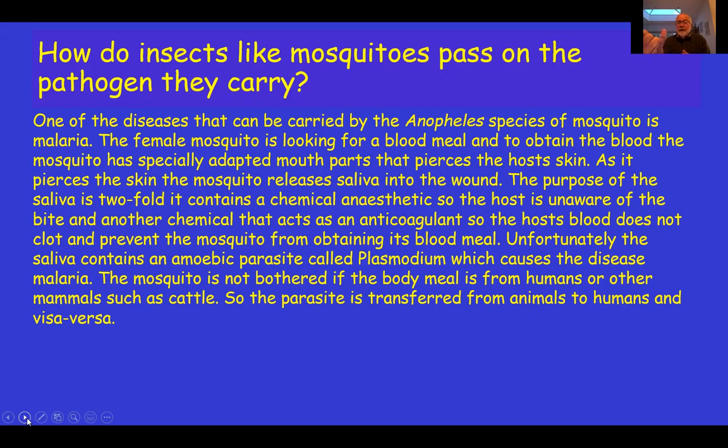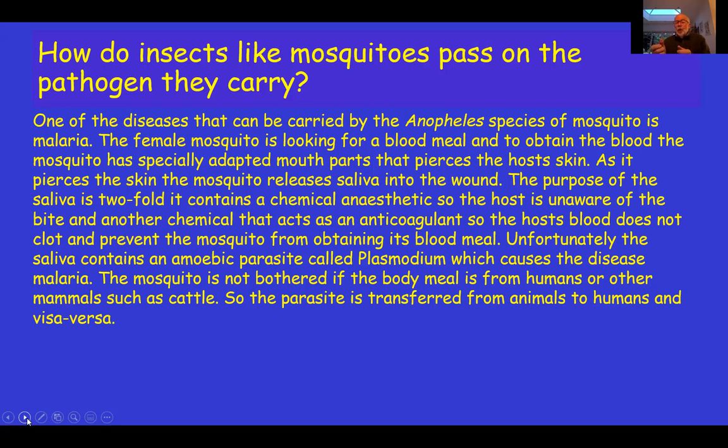I cut my little finger over the holidays, and my body has healed that over by making a clot, so stopping the blood from coming out. Now, for the mosquito or any other biting insect that's after a blood meal, that's disastrous, because if the blood clots, I'm not going to get my blood meal because I can't suck up the blood, the clot. So the anticoagulant is in the saliva.